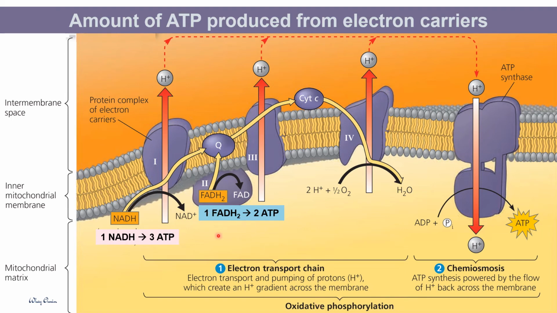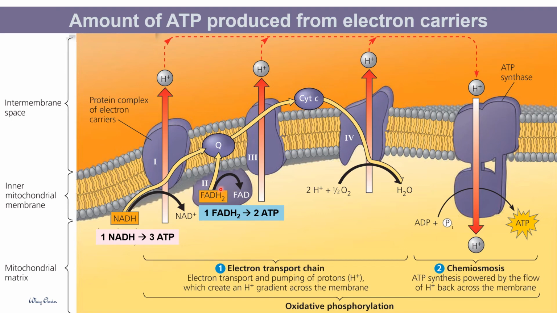Another source of electrons is FADH2. As we understand, according to their free energy, FADH2 will bypass complex 1, which means they will pass their electrons to complex 2 instead of complex 1 first.